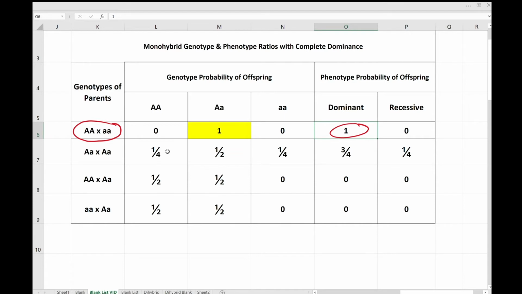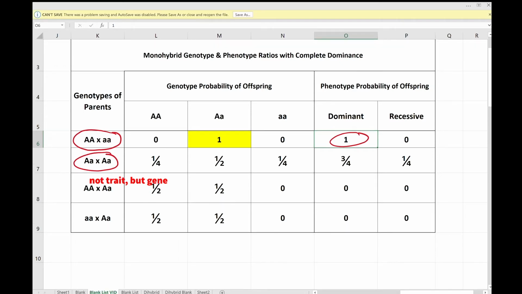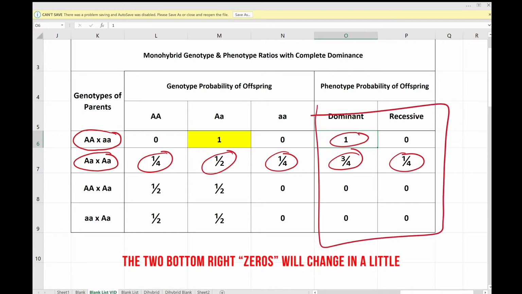If you cross two individuals that are both heterozygous for a particular trait, you get the ratio of 1 to 2 to 1 for genotype, and you get 3 to 1 for phenotype. So these are the numbers to remember based on these crosses.